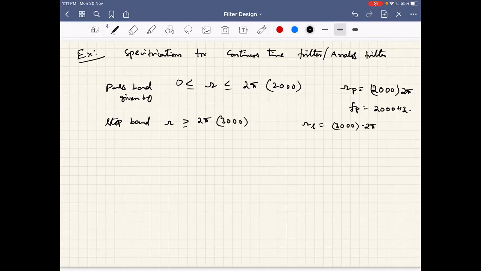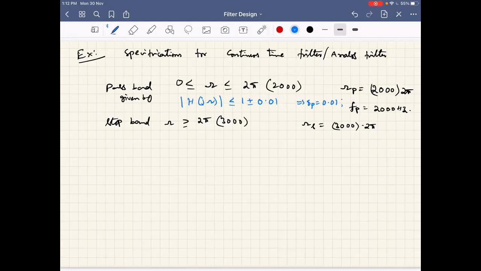And the attenuation in the pass band: the magnitude of h of j omega for the continuous time filter in the pass band has to be 1 plus or minus 0.01. This implies delta p is given as 0.01.